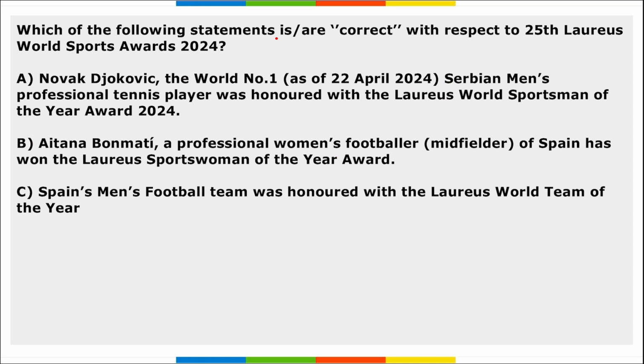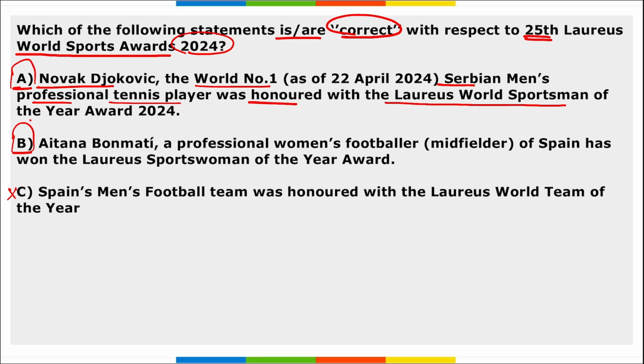Next, which of the following statements is/are correct with respect to the 25th Laureus World Sports Award 2024? If we look at the options here, option A and option B are right, C is wrong. A is saying Novak Djokovic, the world number one Serbian men's professional tennis player, was honored with the Laureus World Sportsman of the Year Award 2024. Absolutely right.